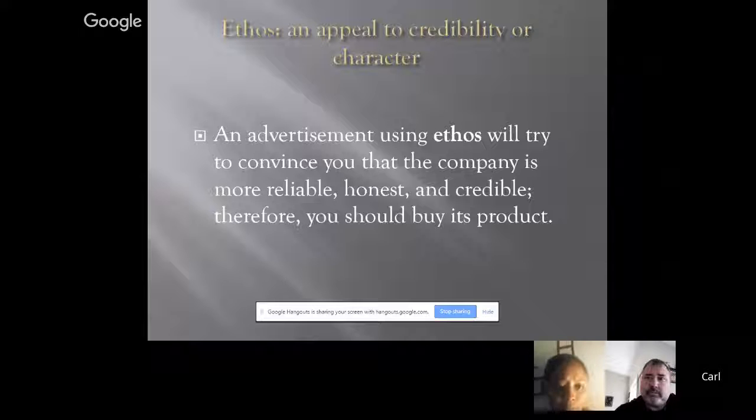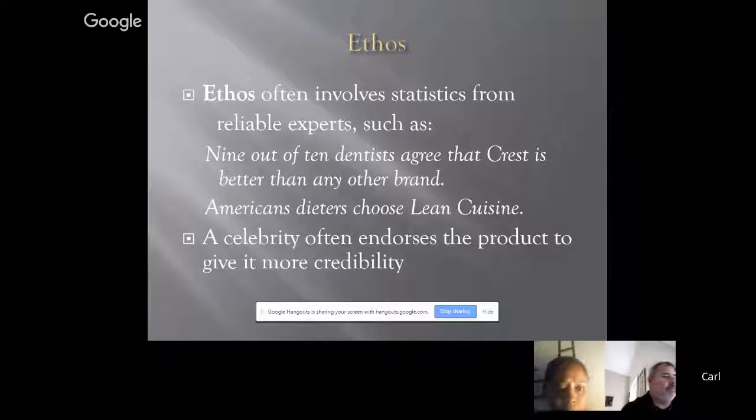And ethos, it appeals to the credibility of it. Earlier, I discussed Michael Jordan and Hanes drawers, right? So that is basically an example of ethos. It's a credibility factor. So this is: 9 out of 10 dentists agree that Crest is better than any other brand. Can one of you tell me what the credibility factor is in that statement?